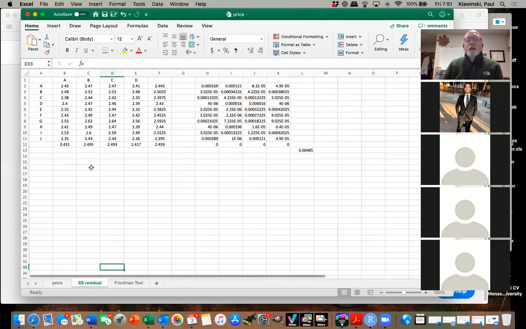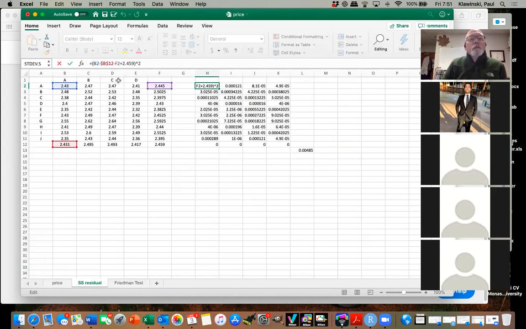Pardon me, I have a separate sheet here for sum of squares residual. In this case, this is basically the individual value minus the column mean minus the row mean plus the grand mean, and then that is squared. And that's very unusual in terms of the kinds of calculations that we've done in the past.